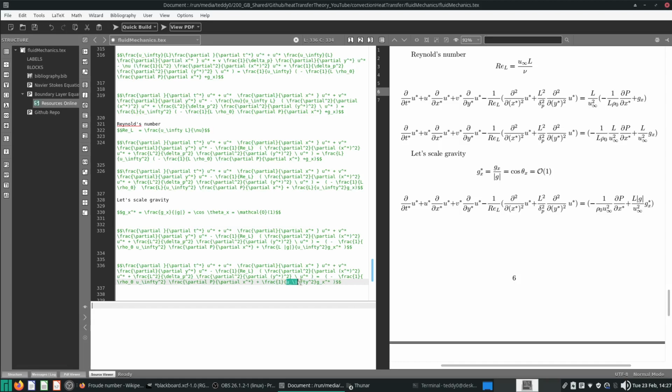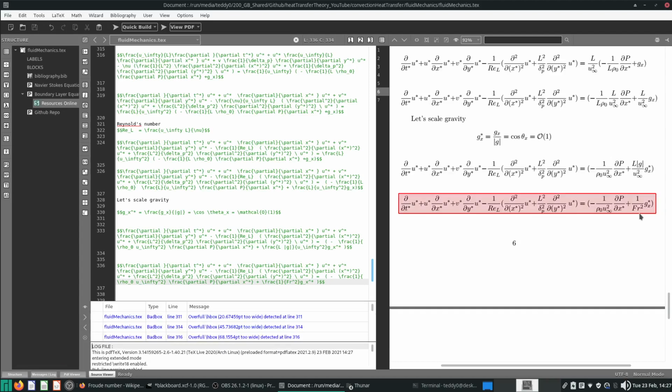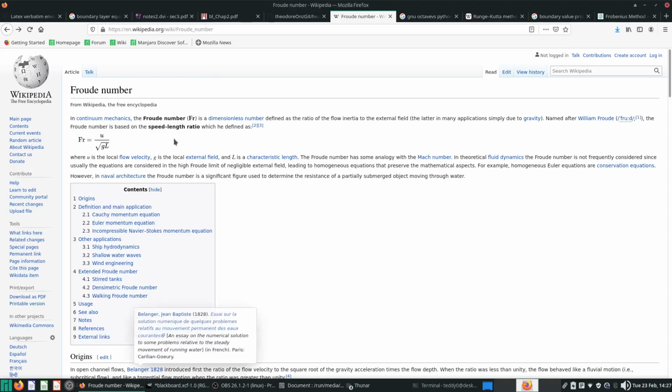I'm going pretty fast with this, but this is how we find that this interesting dimensionless number pops up. The Froude number measures the inertial forces compared to the gravity or body forces. This is just for your information.